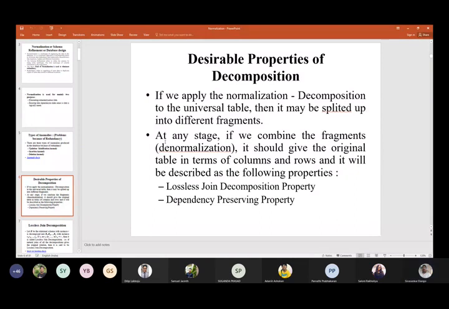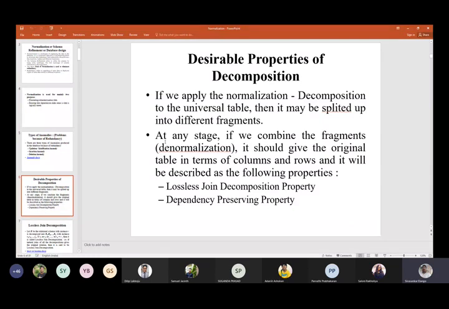If the natural join of all the decompositions gives you back the original relation, then it is said to be lossless join decomposition property, right? Whenever you decompose a complex relation into smaller fragments, you need to check whether you satisfy this lossless join decomposition property and dependency preserving property.